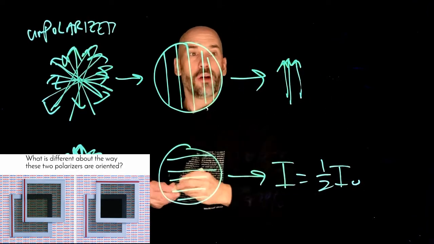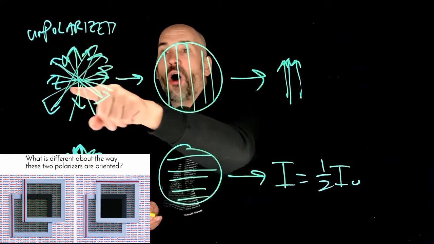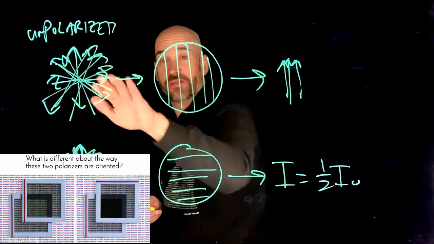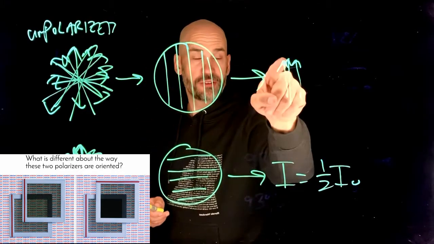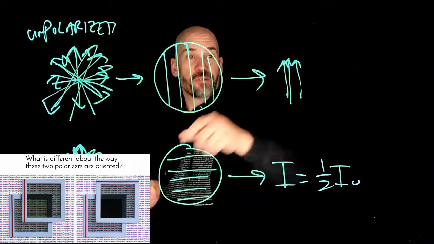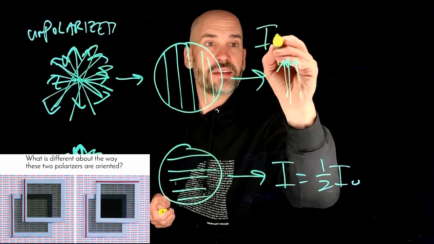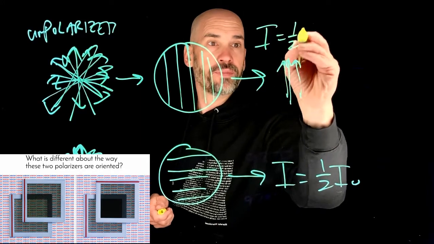We're cutting off all the other directions of jiggling except for the one that's totally vertical. So out of this comes vertical light that's 1/2 the intensity that it was before.